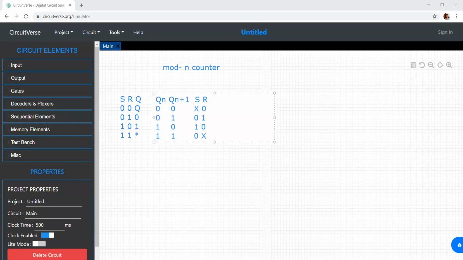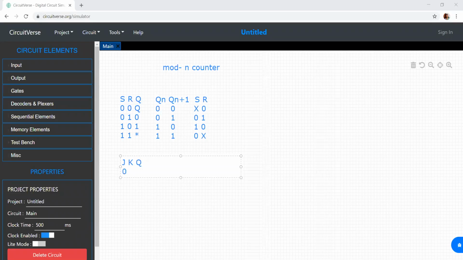We should always remember the truth table and excitation table for designing any sequential circuit. Next, we have the truth table and excitation table for JK flip-flop. In the truth table, J, K are the inputs.